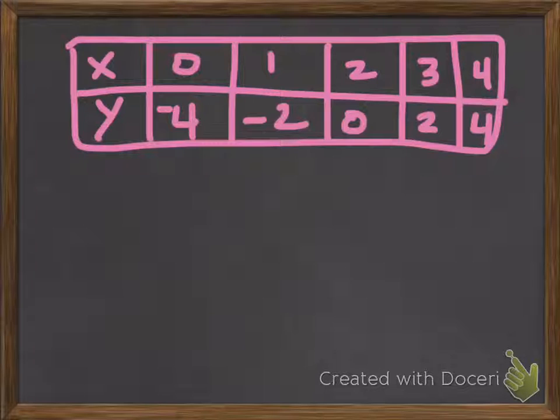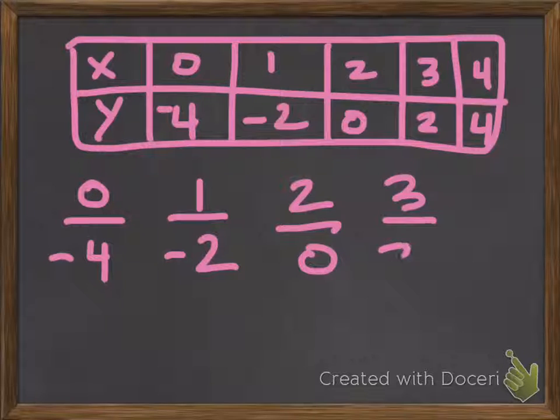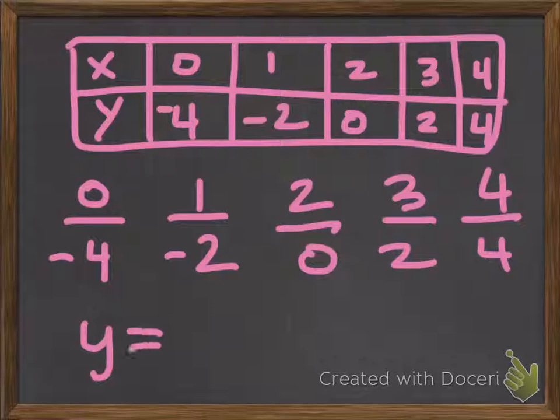So if I'm going to determine whether this is proportional or not, I'm going to make each one a ratio. And I should be able to already tell that this is not proportional because our ratios are not the same value. So this is not proportional, which means we're using y equals mx plus b.